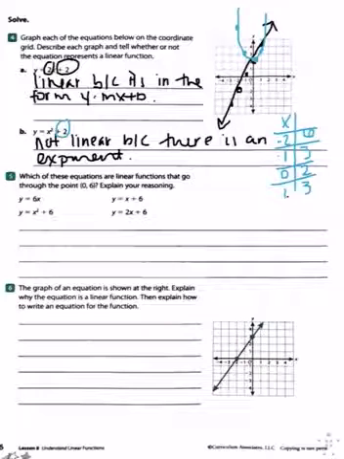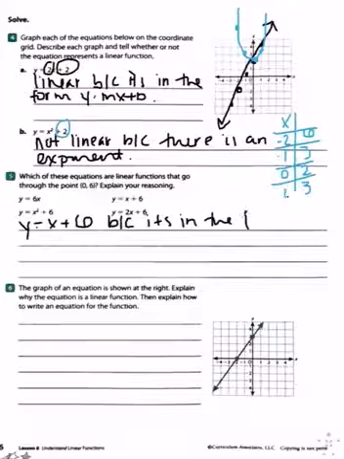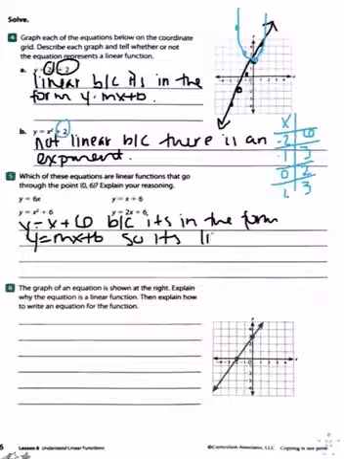Number 5. Which of these equations are linear functions that go through the point 0, 6? Explain your reasoning. Y equals x plus 6 because it's in the form y equals mx plus b, so it's linear, and 6 is the initial value.